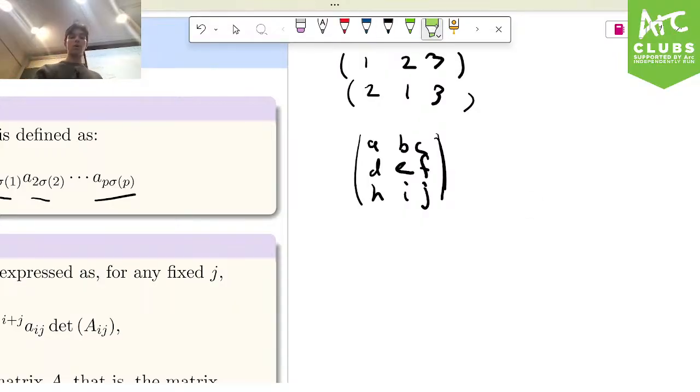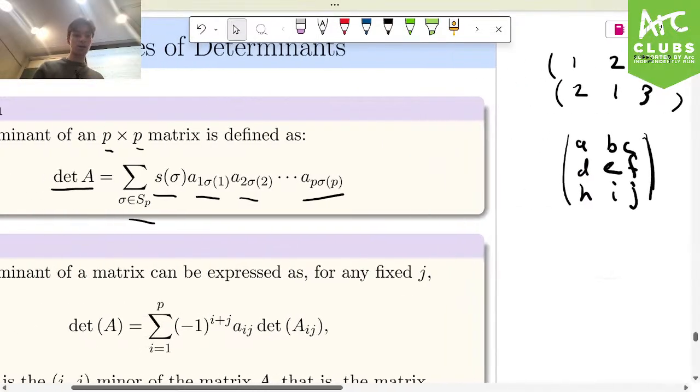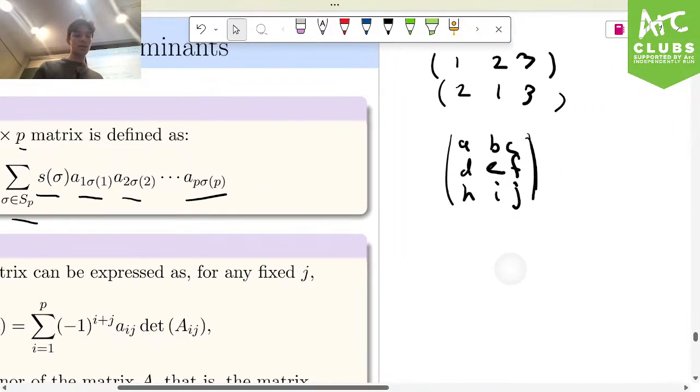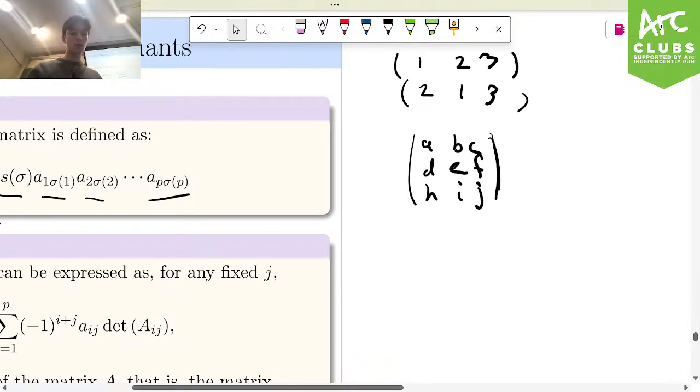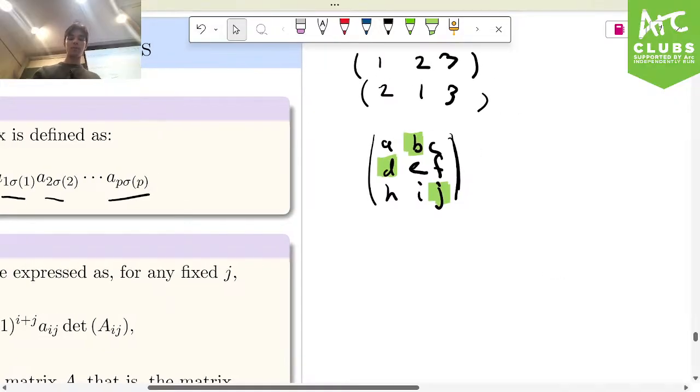So we're going to choose the second element of the first column. Or rather, according to this definition on the right, it's going to be the element in the first row, second column.